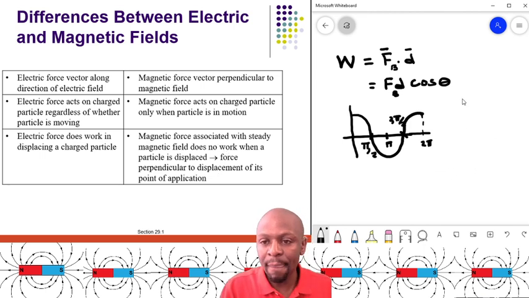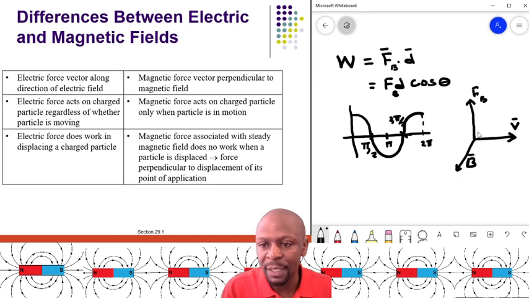Now, the magnetic force F_B is always perpendicular to the velocity of these charged particles, and here you've got the magnetic field B. Because the magnetic force is always perpendicular to the velocity, the angle between them is just 90 degrees, and the cos of 90 is just 0.